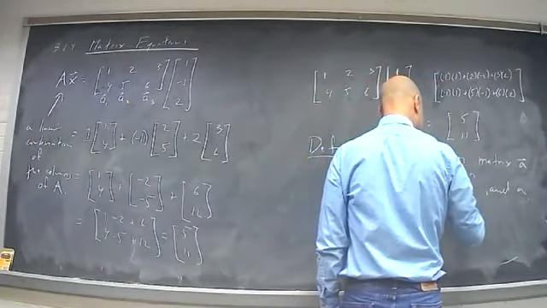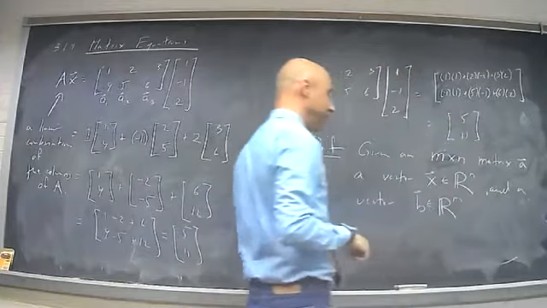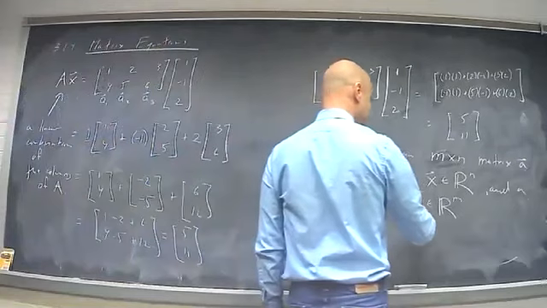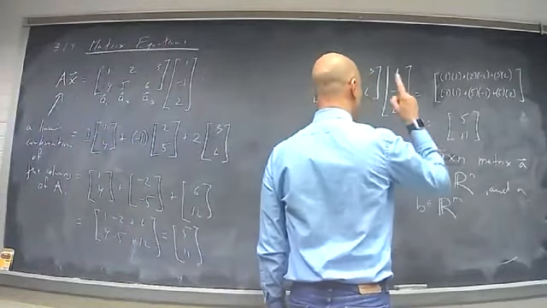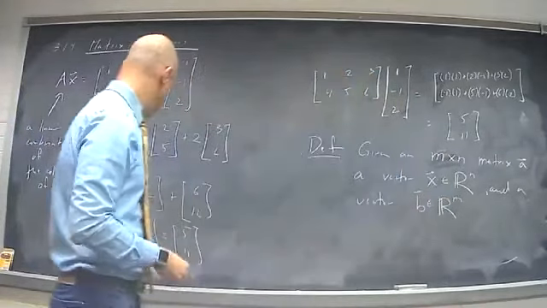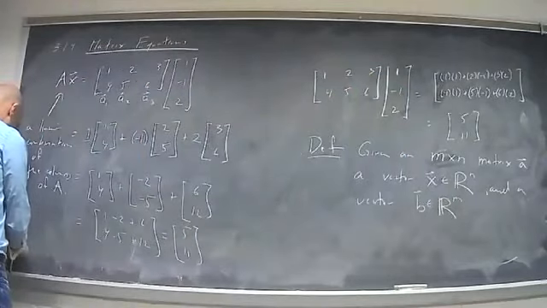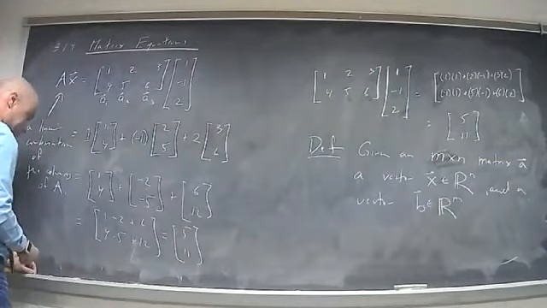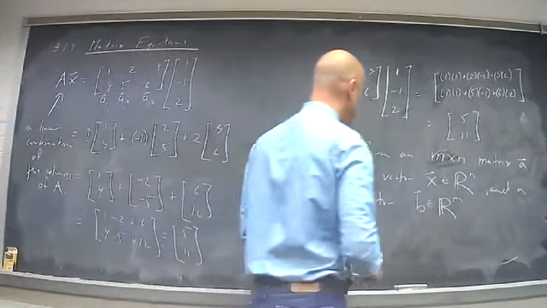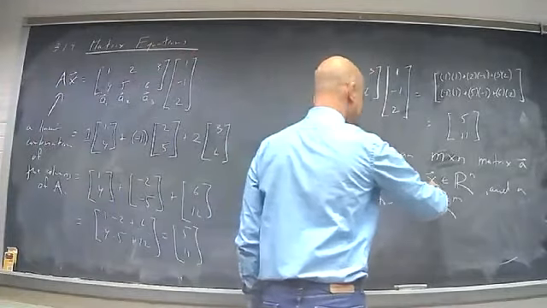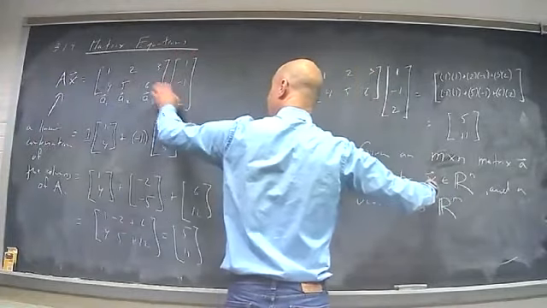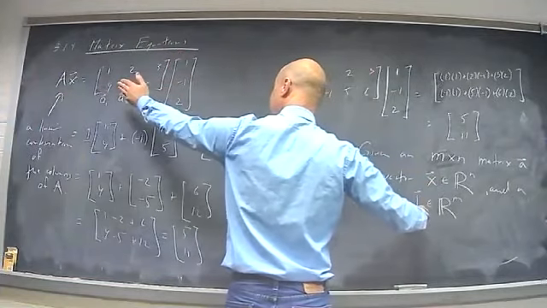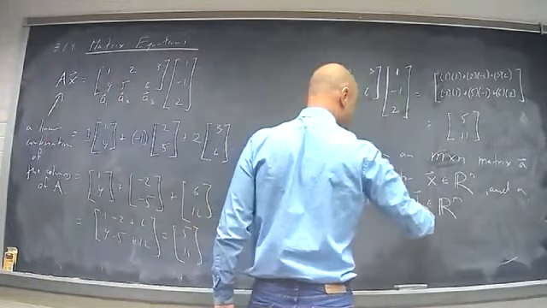This time, b is in R^m, which is why I'm writing it separately, so it has the same number of entries that A has rows.